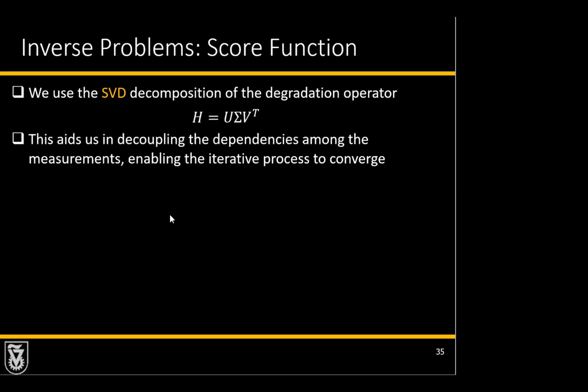What do I mean? If we look at U transpose Y, and we replace Y with what we know Y is, it's HX plus Z. Look at H, replace it with its SVD decomposition, get U sigma V transpose. If we open the parentheses, we get this term. Notice that because U is an orthonormal matrix, U transpose U can be removed. It is the identity matrix.